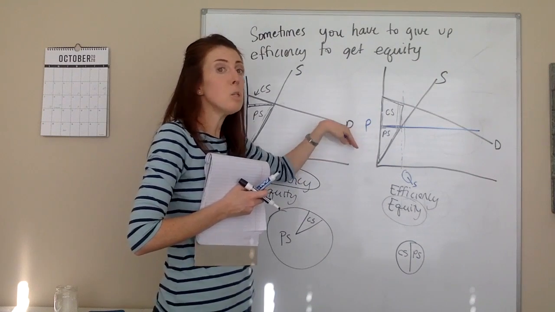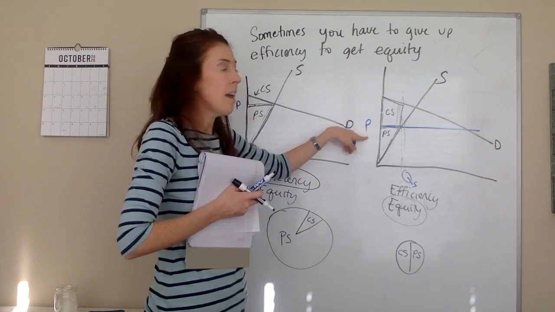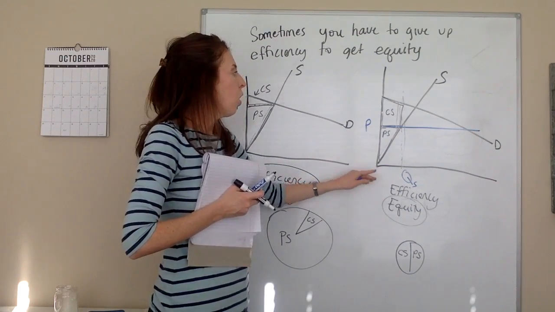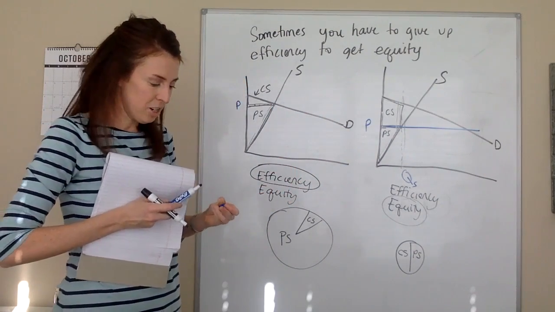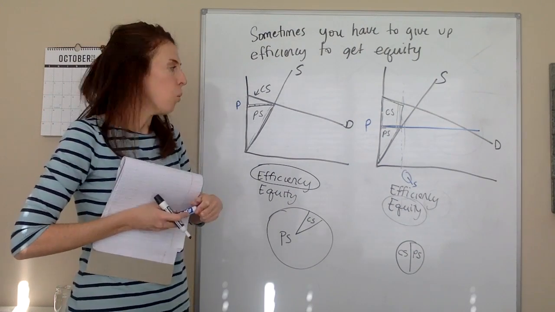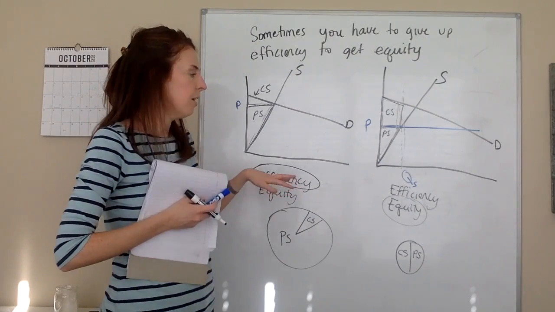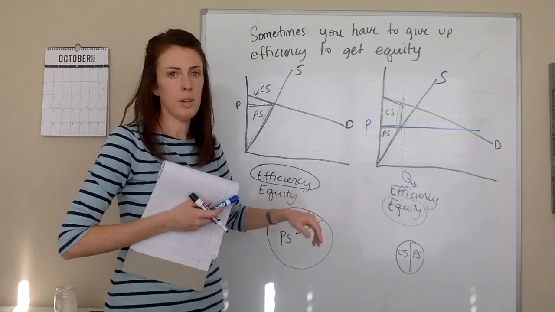The way we would do that in this particular setup is to lower the price. That is true. If they lowered the price, it would result in more equity. So there's not a clear-cut one of these two ways that would be better. It just depends on which one you prefer, if you prefer efficiency versus if you prefer equity the most.